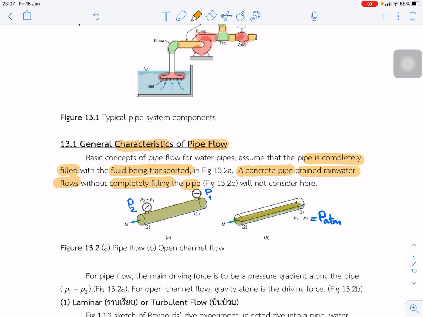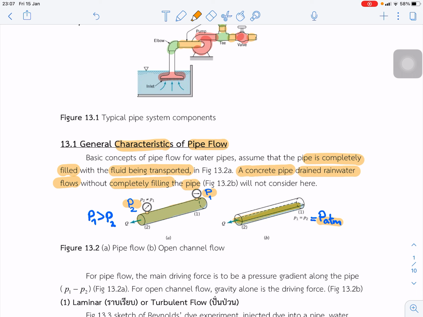For the pipe flow, the pressure P1 is greater than P2 to make the flow occur. And for the concrete pipe on the right side, the pressure is atmospheric pressure.